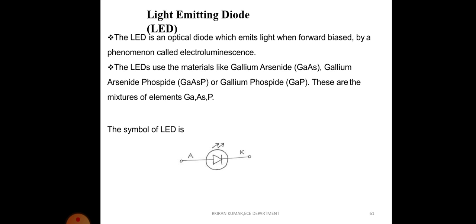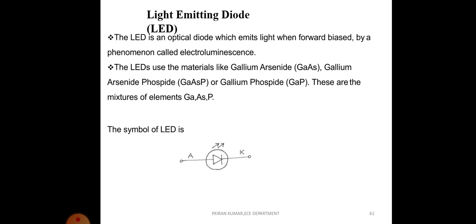Generally, we manufacture this device using materials like gallium arsenide, gallium arsenide phosphide, or gallium phosphide. These are mixtures of the elements gallium, arsenide and phosphide.